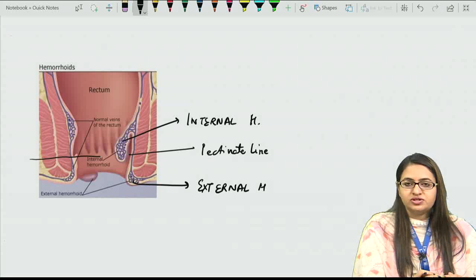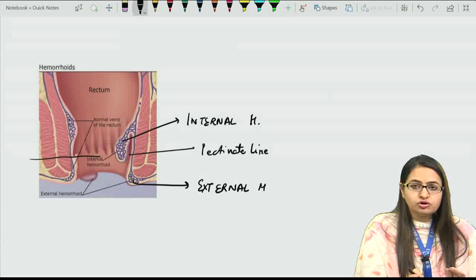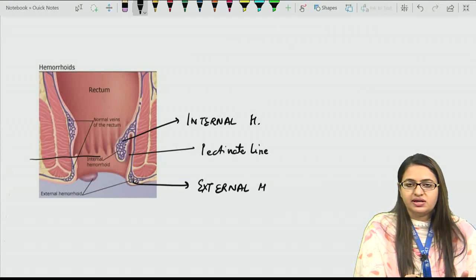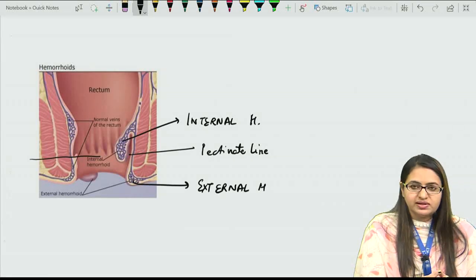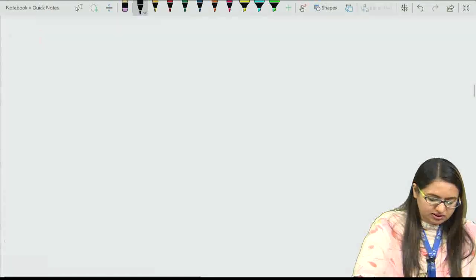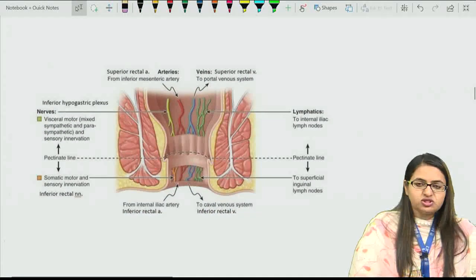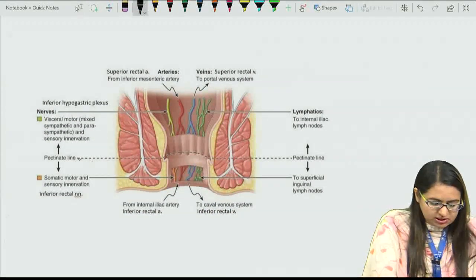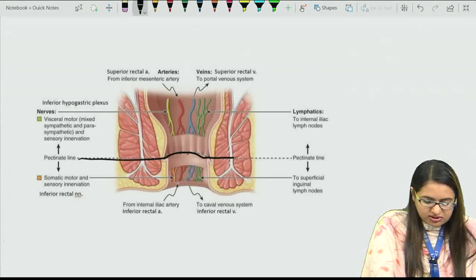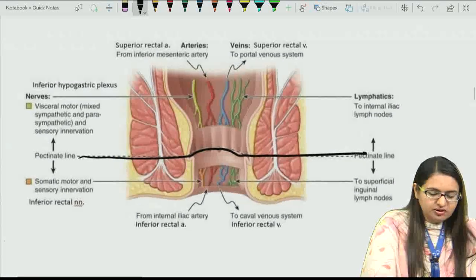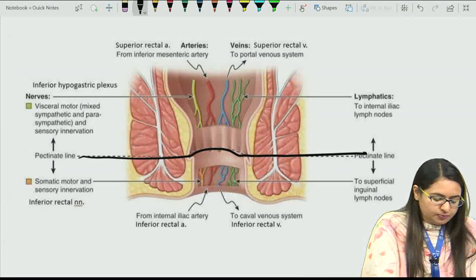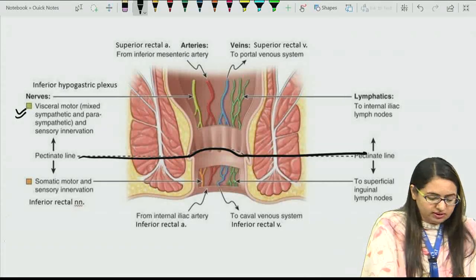Now the portion of the anal canal which is above the pectinate line has a different nerve supply, different arterial and venous supply, and the lymphatic supply is different. This picture is showing the difference. This is the point where the pectinate line is present, and if you see the nerve supply, the portion of the anal canal above the pectinate line is supplied by the autonomic nerves.